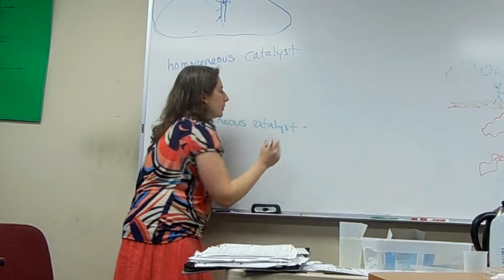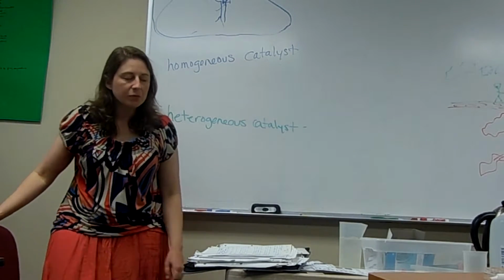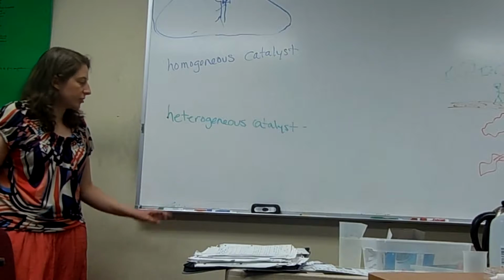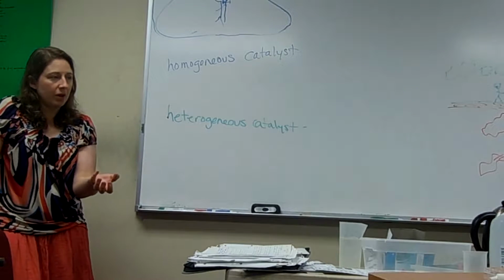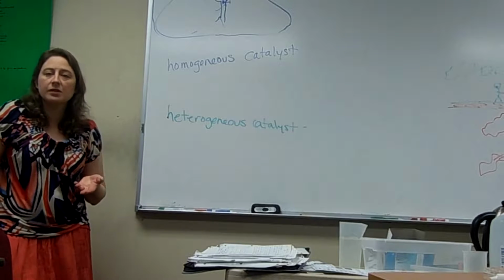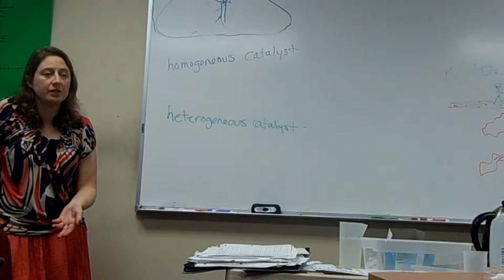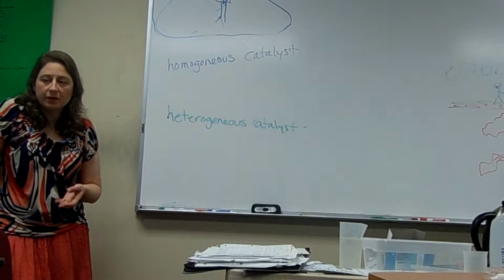All right, so let's review what happened last week. Last week we looked at a situation where hydrogen peroxide was being decomposed. Hydrogen peroxide decomposes under normal room temperature circumstances, but it decomposes very slowly.